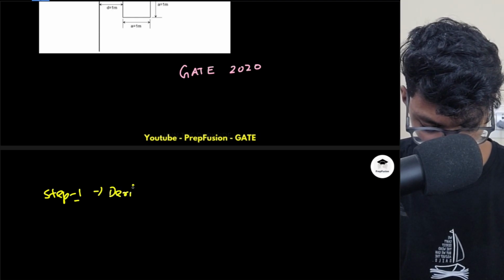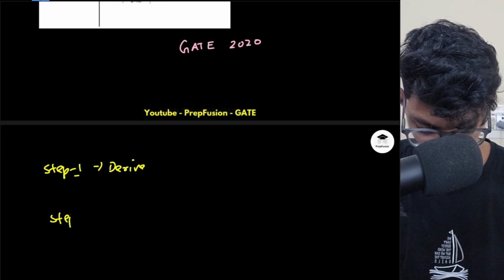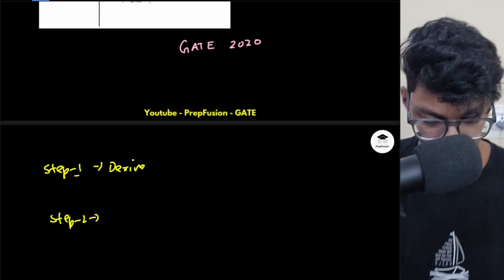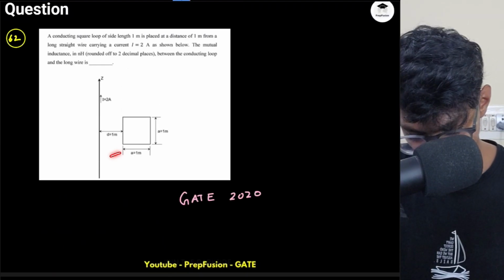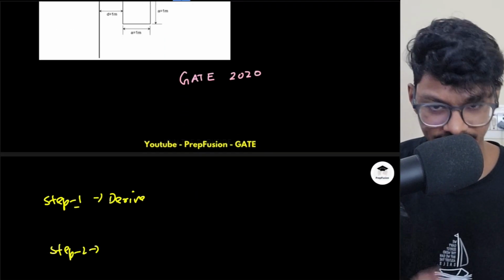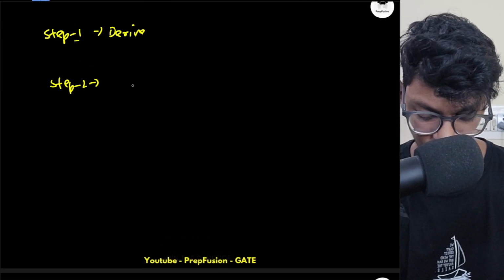derive, and then step 2, you will arrive at the formula. Or you can directly put the values as well, x equals 1 to x equals 2. That's it. Then you put the values in the formula.